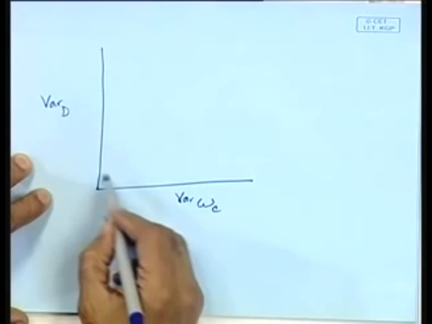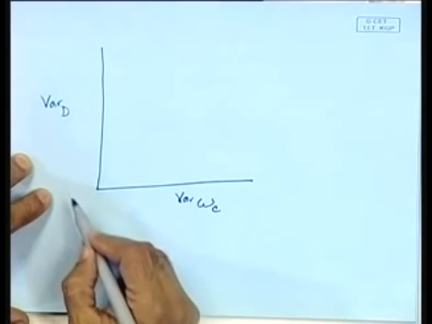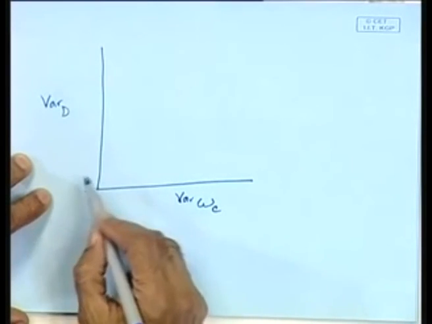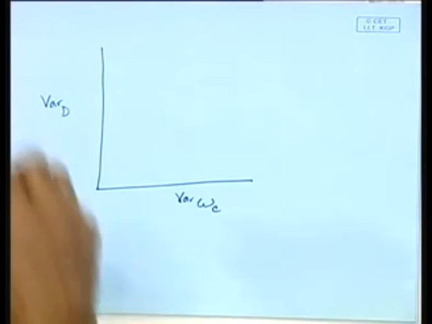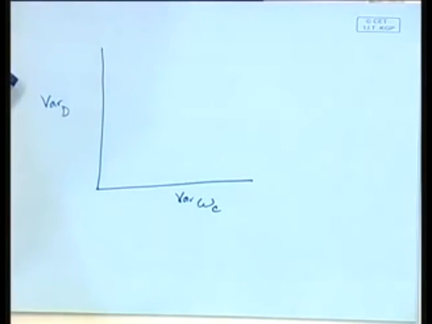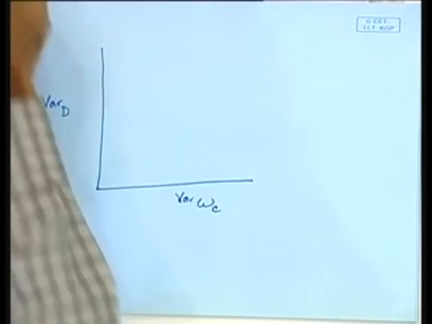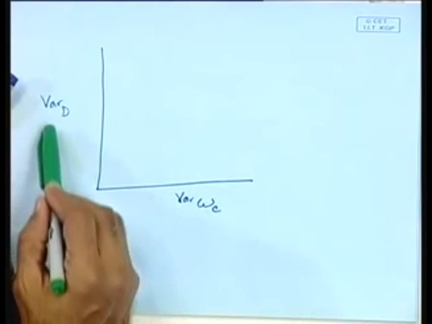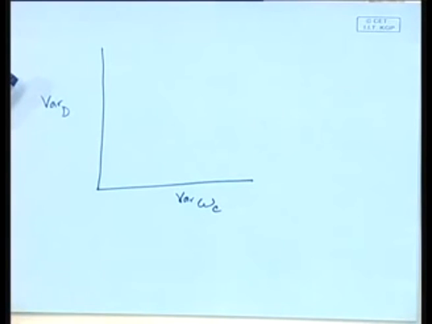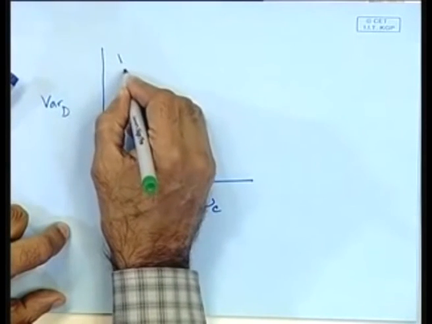So the good place to be is here. That's where you'll get the most robust design. But in actual fact, because we've got only R3 to play with, if you change R3, you get different combinations of variance omega 3, variance omega c, and variance D. Now these can be found using this multi-objective GA.